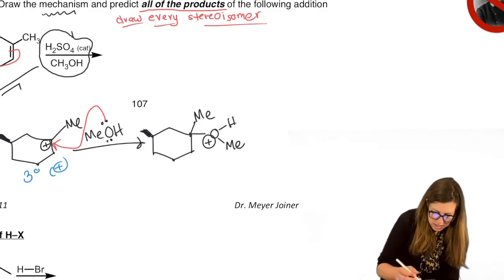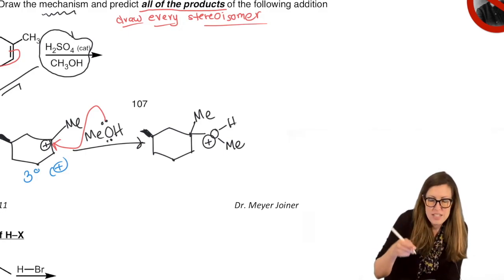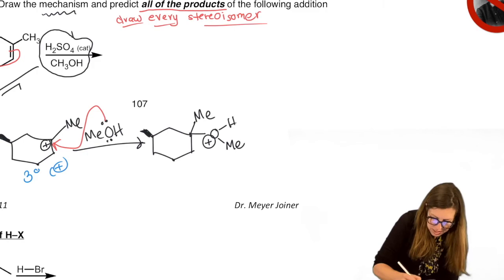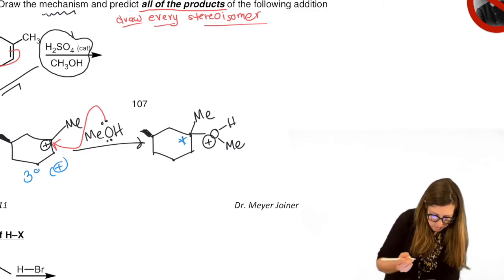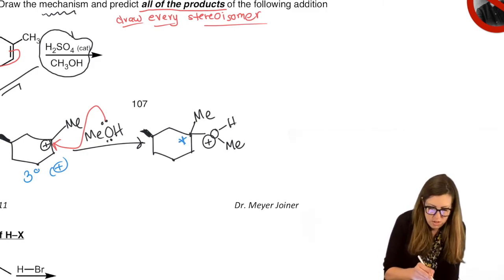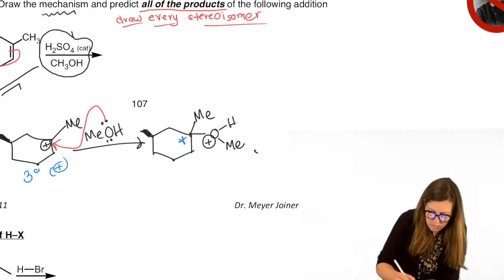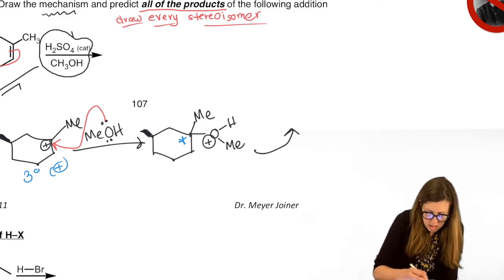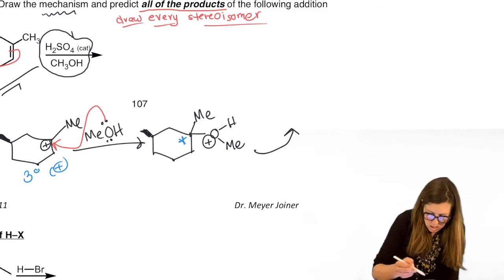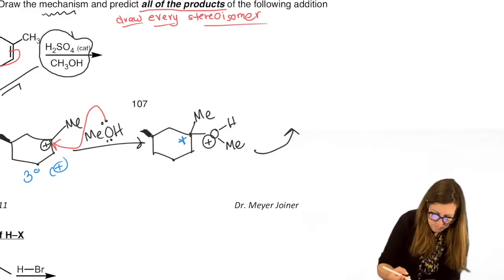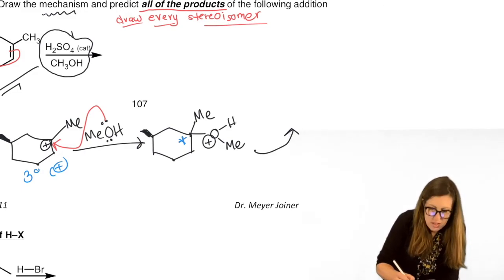But wait, the whole point of that carbocation discussion was to acknowledge that I am making a stereocenter here. So I'm marking it in a color so that I don't forget to go back to that. Okay, so now we have our neutralization step. Who's going to neutralize?